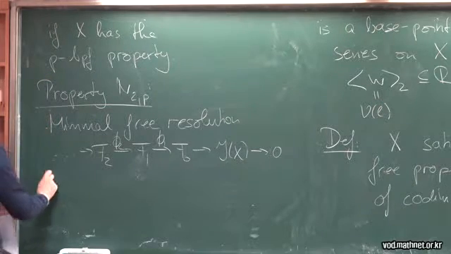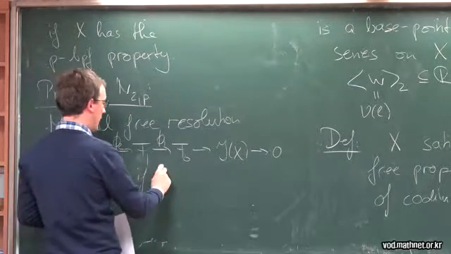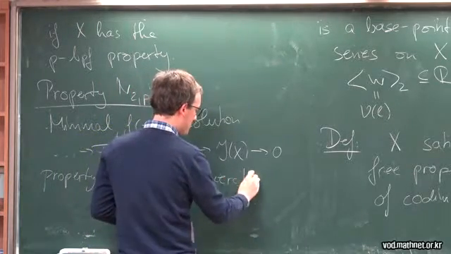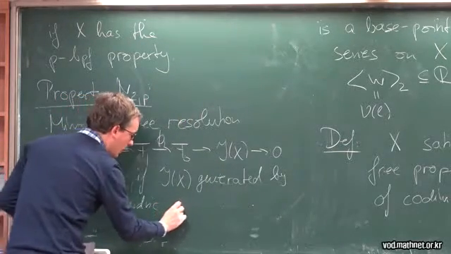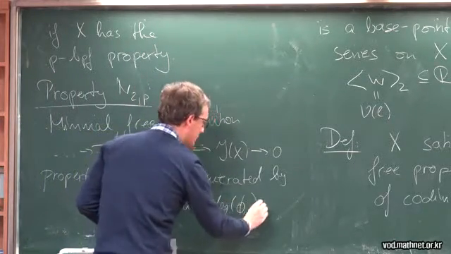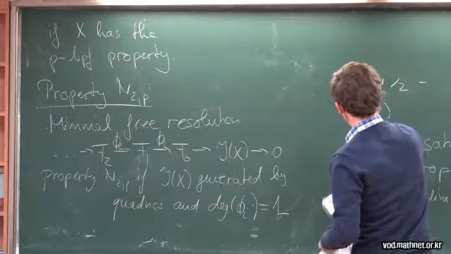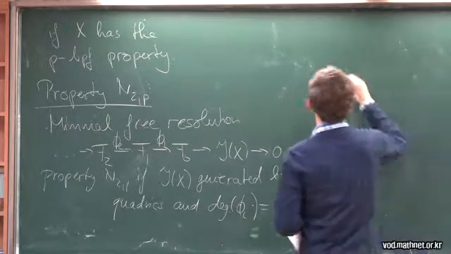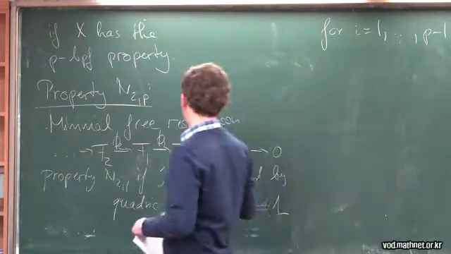And then you have property N2p if I of x is generated by quadrics, and the degree of phi i is equal to 1 for i equal to 1 up to p minus 1, the way I wrote it down.